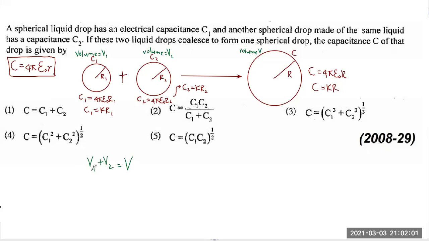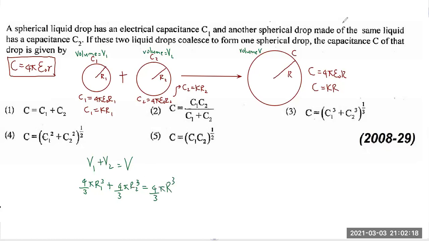V1 is 4 by 3 pi R1 cube, plus the volume of this one, 4 by 3 pi R2 cube, and the final volume is 4 by 3 pi R cube.